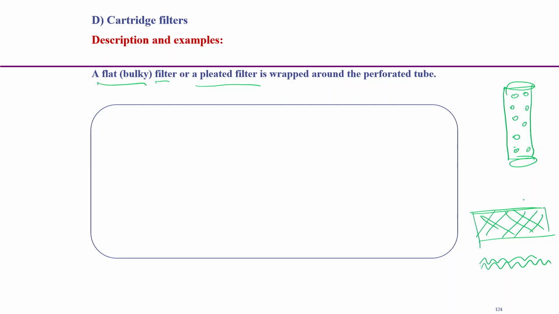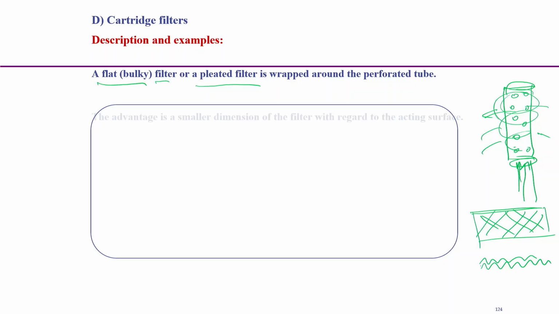and the dusty air or polluted water or liquid can pass through the center, and from the surface where the filters are wrapped, the clean air or water will come out. So, this is the principle of cartridge filtration.